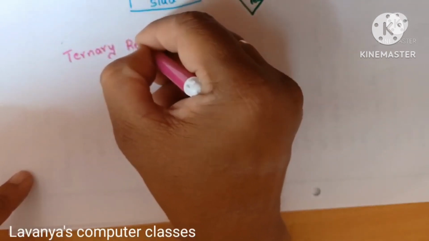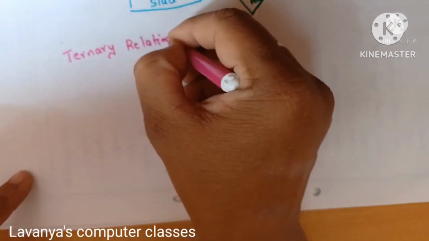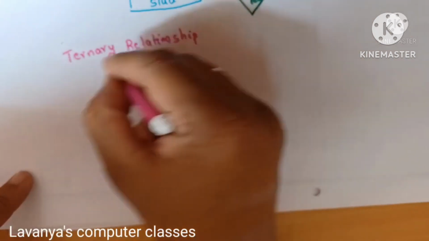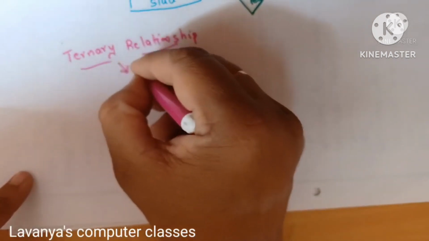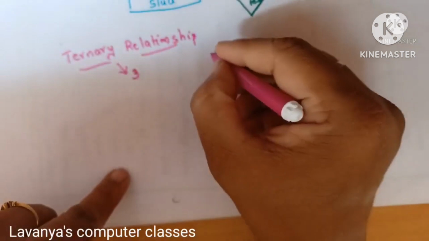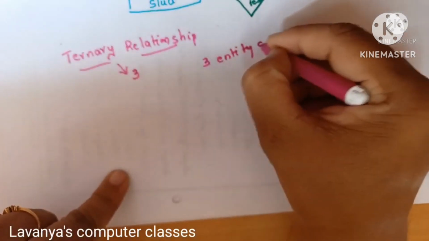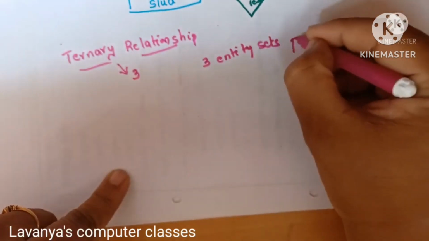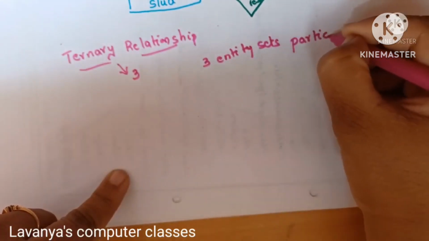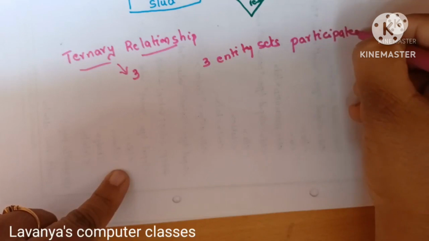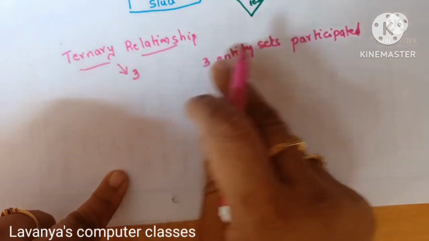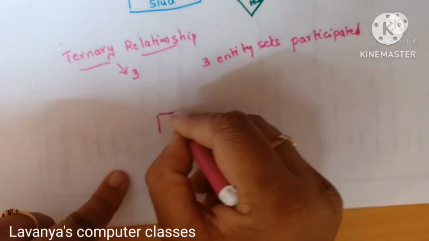Third relationship is ternary relationship. Ternary means three. That means in this relationship, three entity sets are participated. Three entity sets participated in this relationship is called a ternary relationship. How to draw this relationship: take any three entity sets.